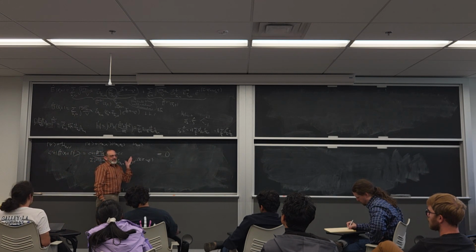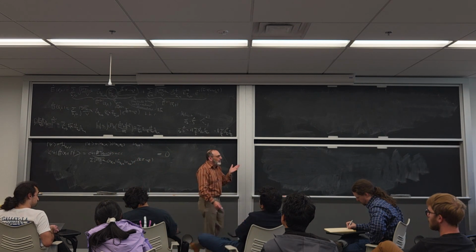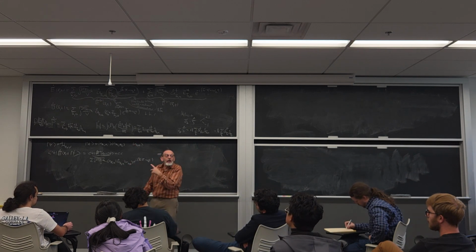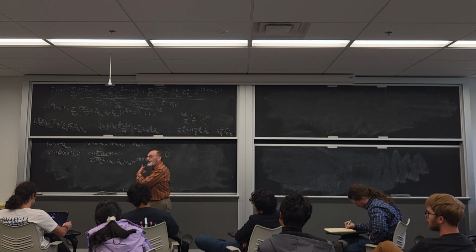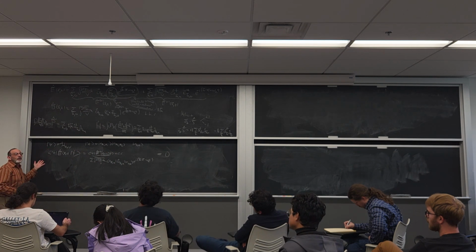The expected value of the electric field, the mean value, if I were to measure it over and over again, would be 0. I might get fluctuations. I'm not saying it's always 0. There can be fluctuations around the mean, but the expected value is 0.